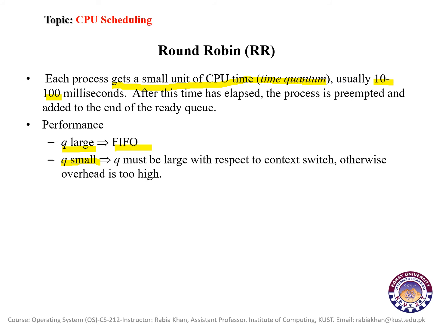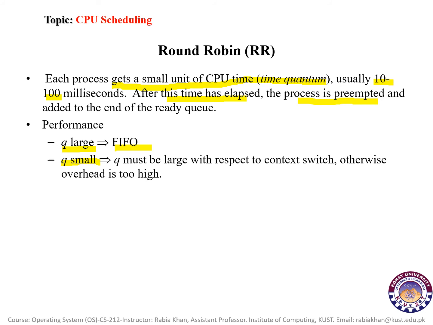So the time quantum is assigned to every process, no matter if the process is small or large. After the time has elapsed, the process is then preempted. It is only a preemptive algorithm. It has no non-preemptive version. This is only a preemptive form of CPU scheduling algorithm.